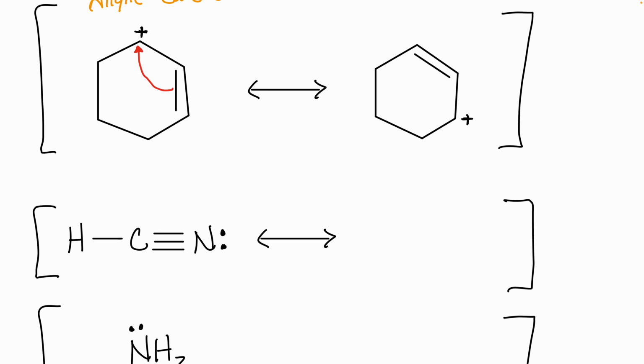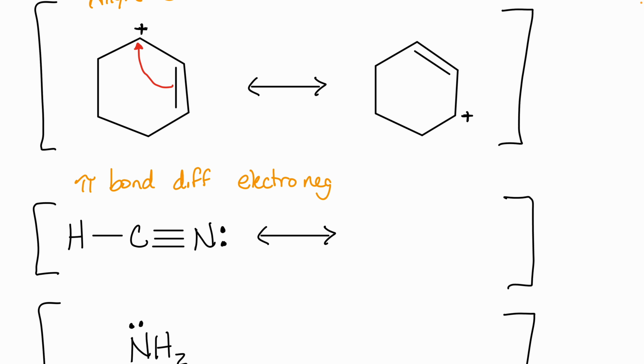All right, what about this next one here? Did anybody get what pattern we had? The pi bond between atoms of differing electronegativity, yep. Just going to say pi bond, different electronegativity. Okay, so that carbon-nitrogen, it's actually 2 pi bonds.